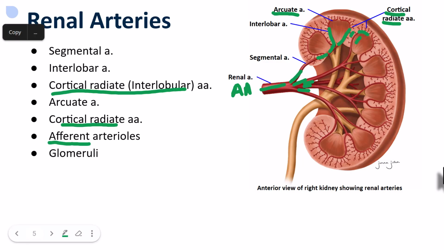So afferent arterioles are carrying blood into a capillary bed, and in the case of the kidney, there are specialized capillary beds called glomeruli. These are the capillary beds where we have the process of filtration, or turning blood into filtrate. And then efferent arterioles will carry that blood away, as we'll see.